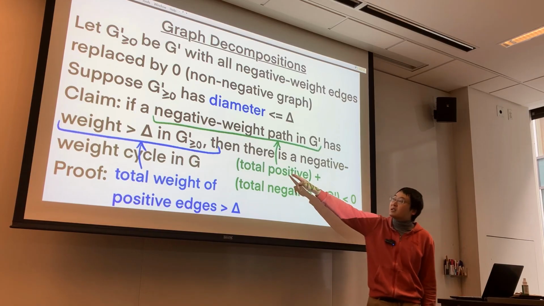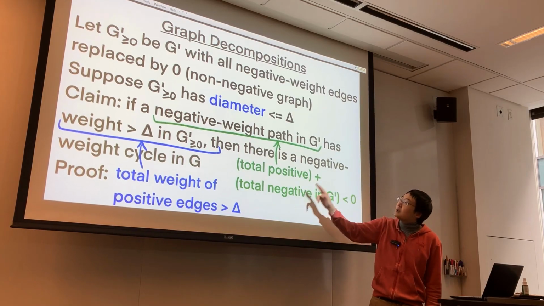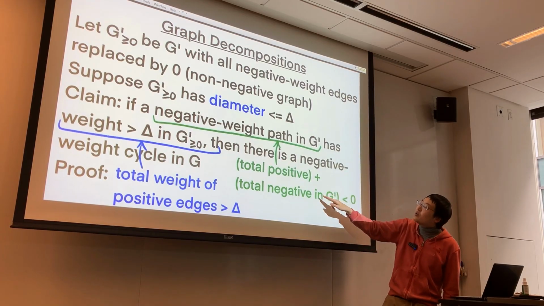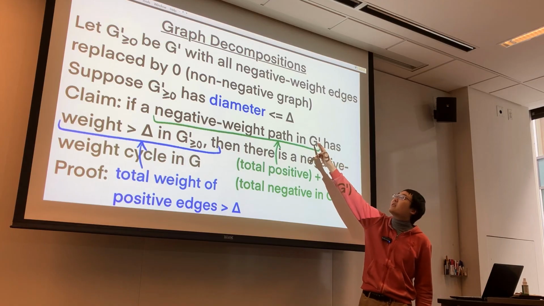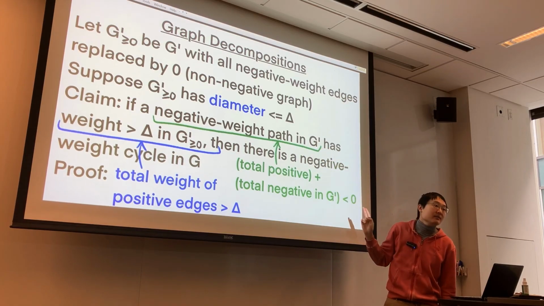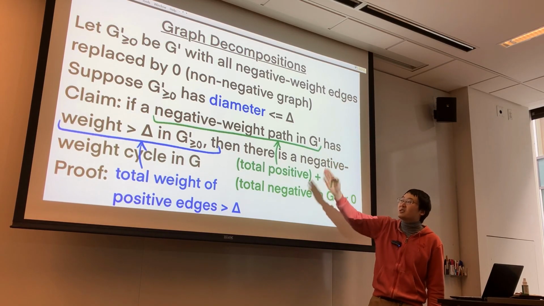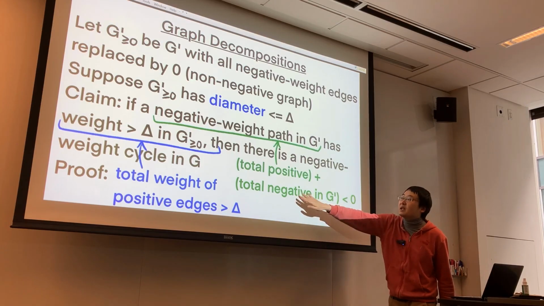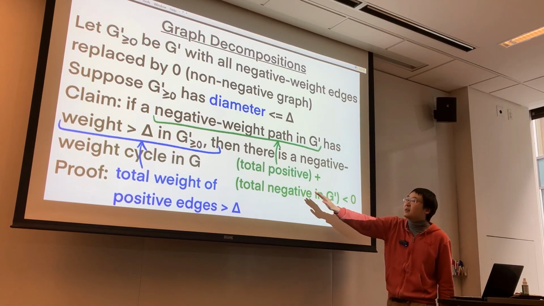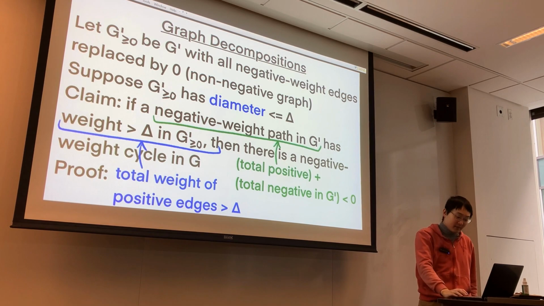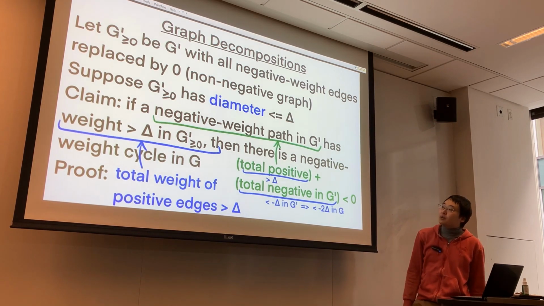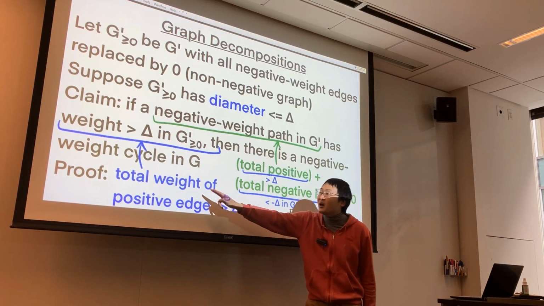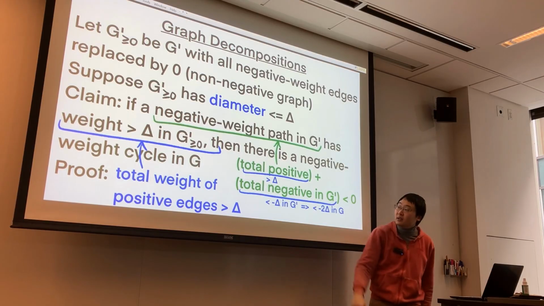Okay. This assumption, what does that mean? That means that the total positive, which is a positive number, plus the total negative, which is a negative number, this is total negative in G prime, because the path is negative in G prime. The total weight is just the positive plus the negative. Something positive plus something negative is negative. We already know that the total weight of positive edges exceeds delta, so this is more than delta.